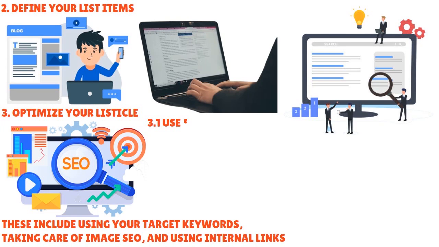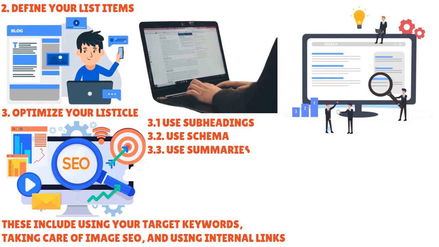Yet there are also a few SEO recommendations that are more or less specific to list type content. For instance, you need to use subheadings, use schema, use summaries, and also add a table of contents.